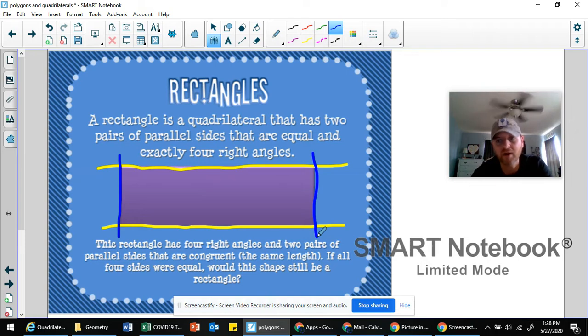Notice we didn't say 4 parallel sides. We have 2 pairs of parallel sides, which would be 4 sides. Now notice it also says that they have exactly 4 right angles. So a shape is always considered a rectangle if it's made up of 4 right angles. And you can see all 4 angles on a rectangle are right angles. Okay?